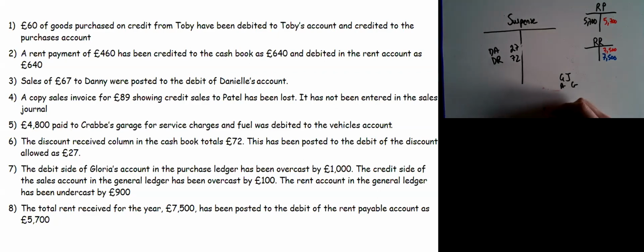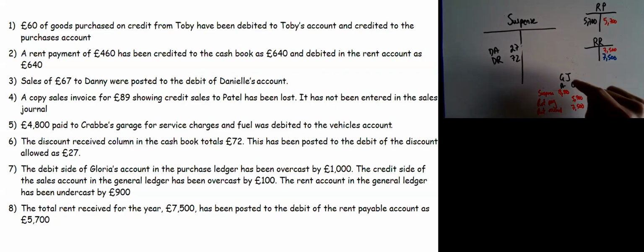So we're going to credit the rent payable, so that's the expense, 5,700. We want to credit the rent received, which is my income, by 7,500. So the suspense is my debit, which is, what's that, 13,200.